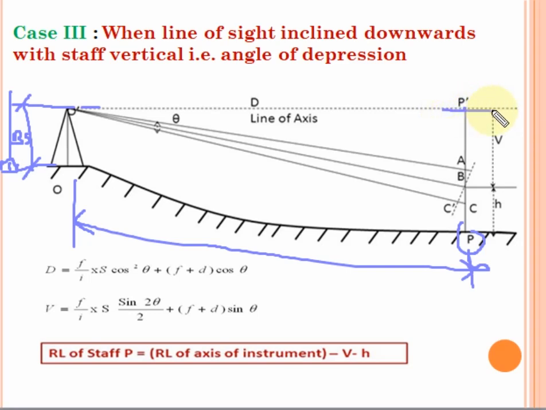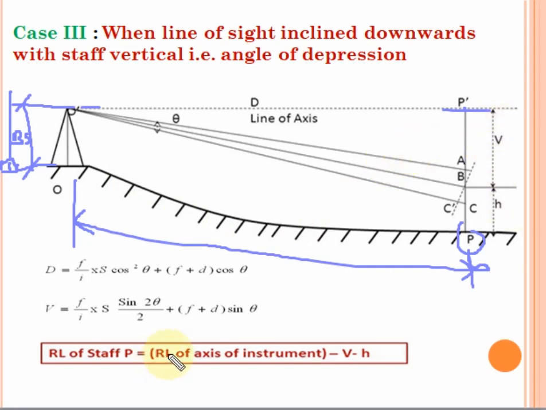Okay. So you have to find out the RL of the point P. The RL of the point P is the RL of the instrument axis plus V plus H.